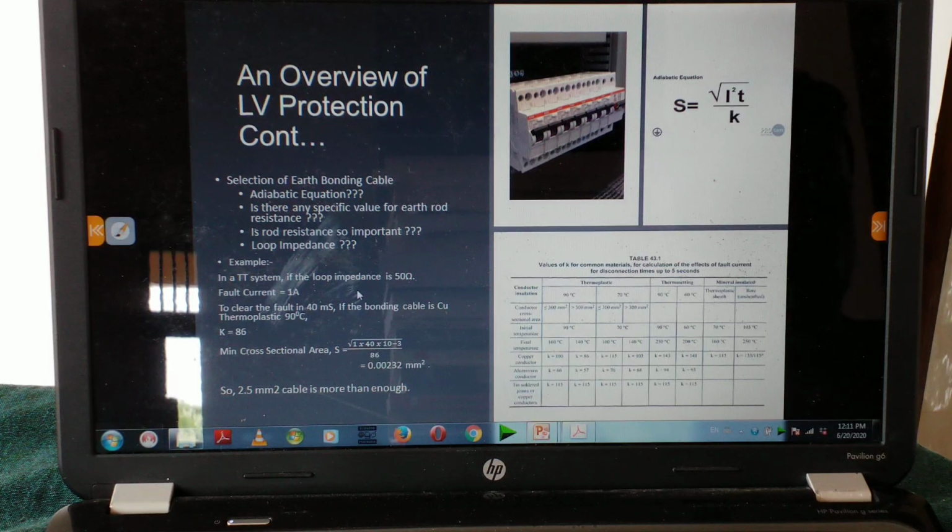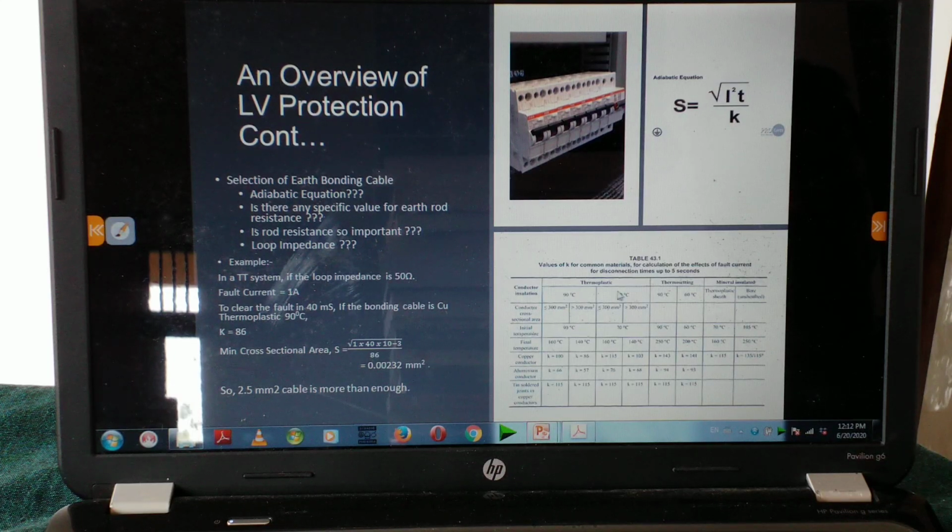For the bonding cable, we normally use copper cable. If it is copper, it is thermoplastic 90 Celsius. Thermoplastic means the type of the cable, thermoplastic 90 Celsius.